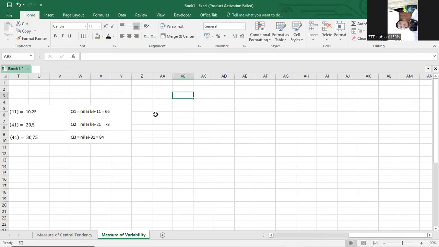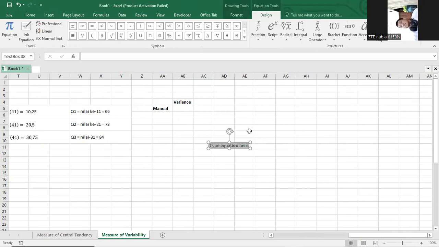To find variance in the manual way, first, it's kind of complicated because we apply a formula, and the formula is a bit long. We use this one. It is the sum of (X minus the mean) squared. What we look for here is the total, or sigma.